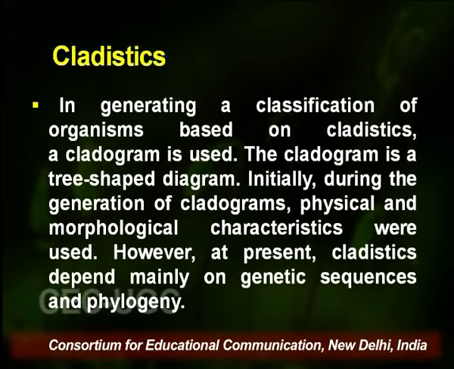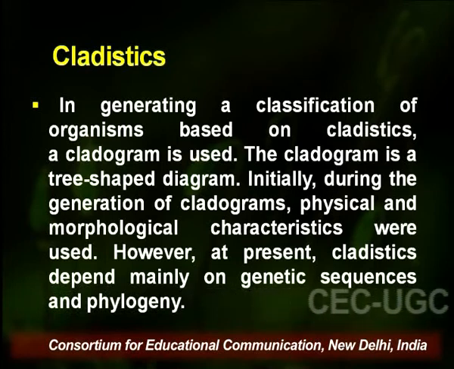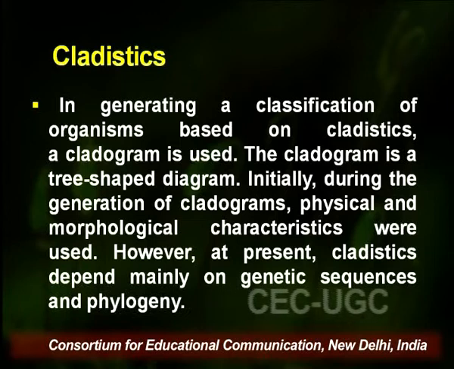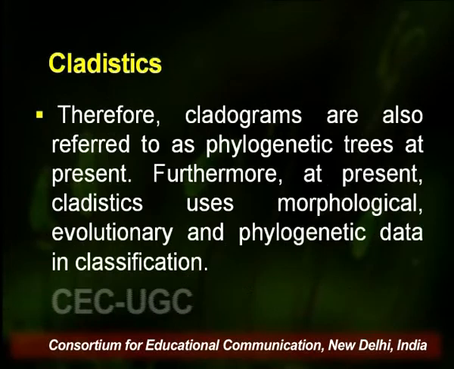A cladogram is a tree-shaped diagram. Initially, during the generation of cladograms, physical and morphological characters were used. However, at present, cladistics mainly depends on genetic sequences and phylogeny.